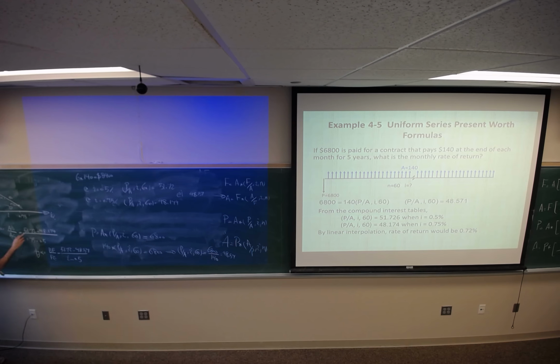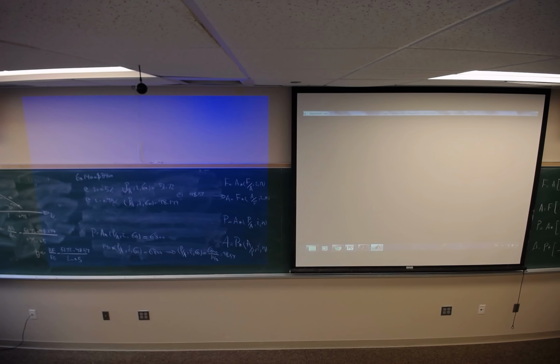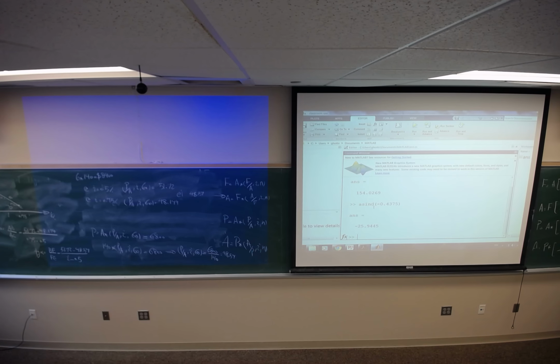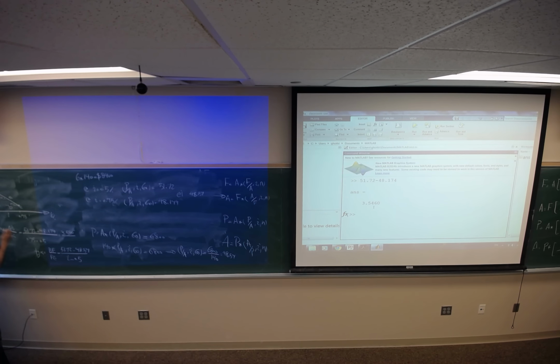So let me see: 51.72 minus 48.174 is going to be 3.546. And 0.75 minus 0.5% is going to be 0.25.